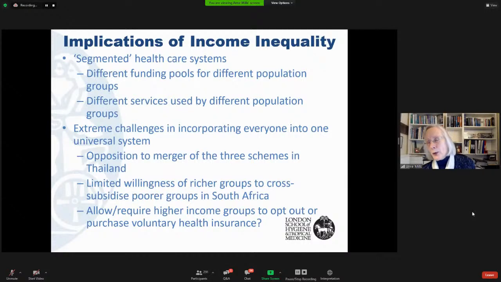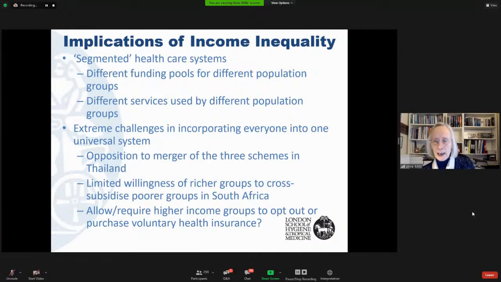And this is especially a problem where those funding pools relate to different employers or different segments of the economy that may be of very differing levels of wealth. The greater the income inequality, the greater can be the challenges in incorporating everyone into one universal scheme. And I'll be interested to know about those sorts of challenges in Colombia.